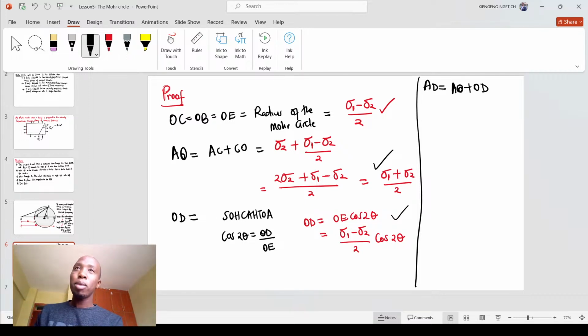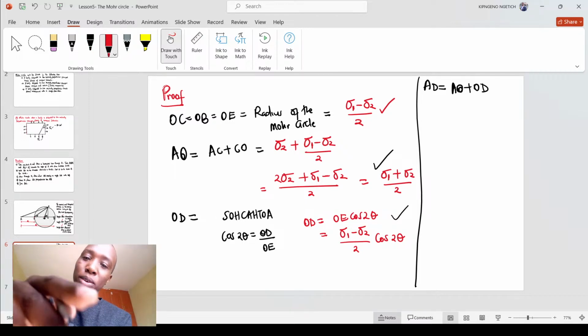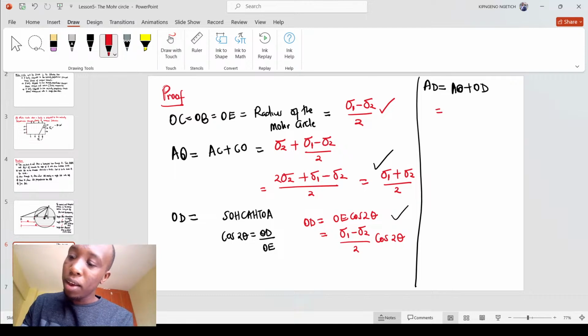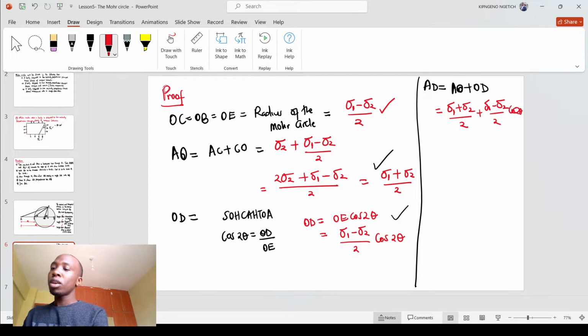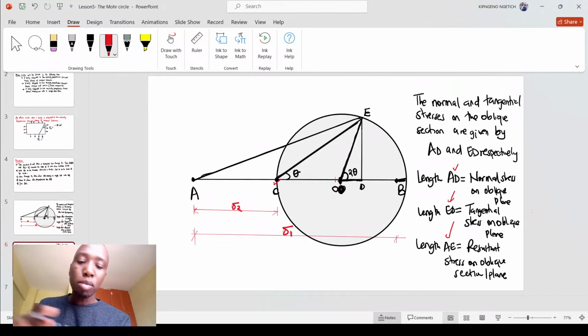AO plus OD. So that will be AO, which is stress 1 plus stress 2 over 2, plus stress 1 minus stress 2 over 2 cos 2 theta. So kindly confirm if that's what you had, and that's your normal stress on the oblique section.